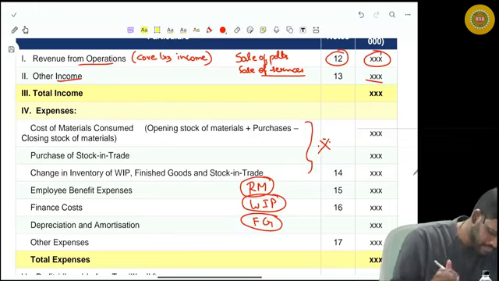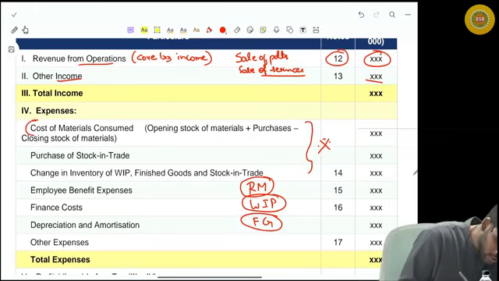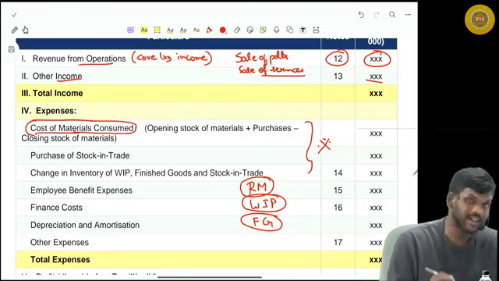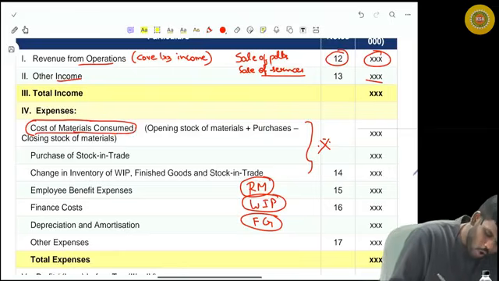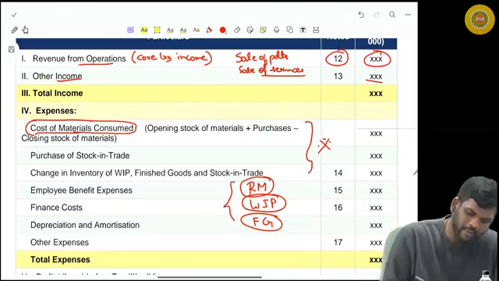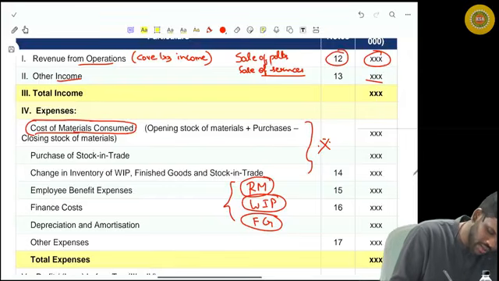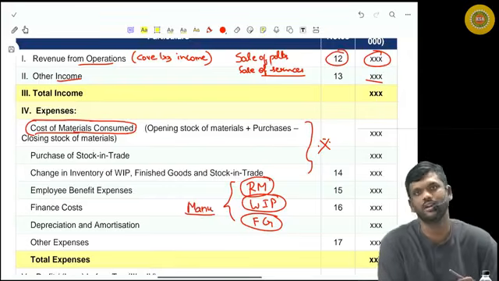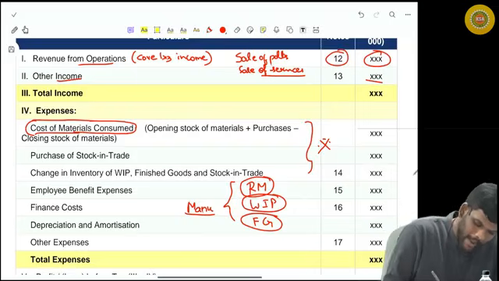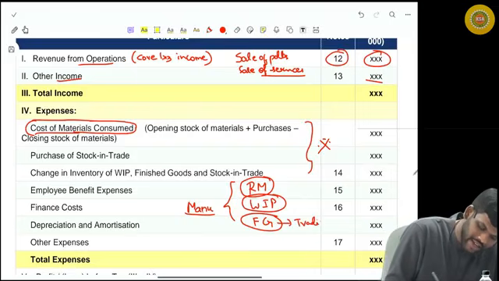Remember, listen. Sorry guys, before getting into cost of materials consumed, all these three, RM, WIP and FG, will be there only in manufacturing companies. But FG will be there in trading companies.